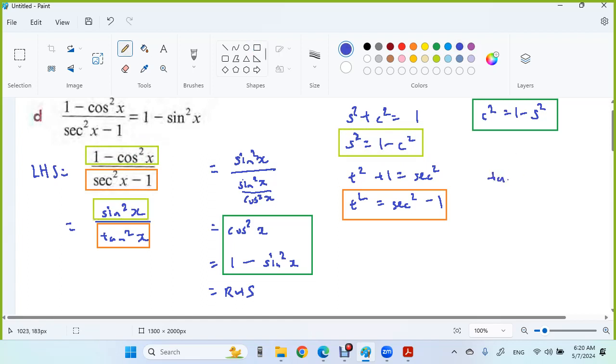So the tangent x equal to the sine x over cos x. So this one is this. Okay.